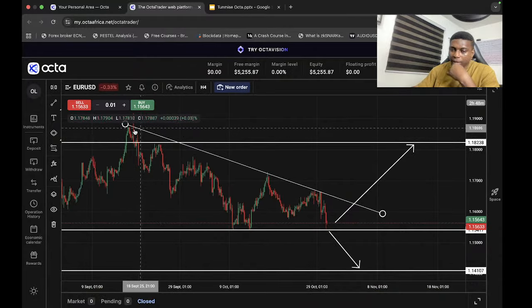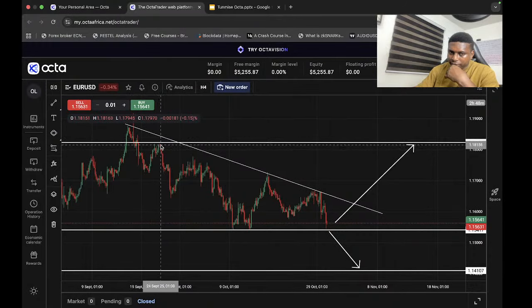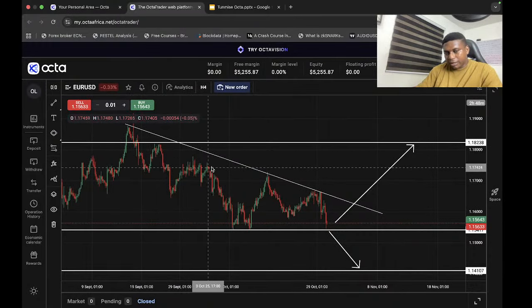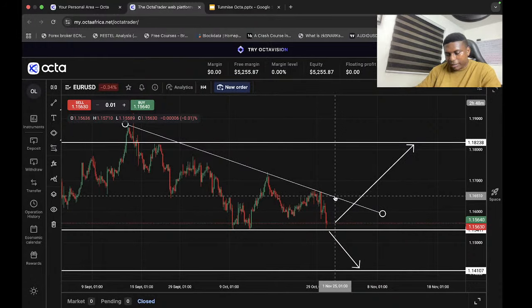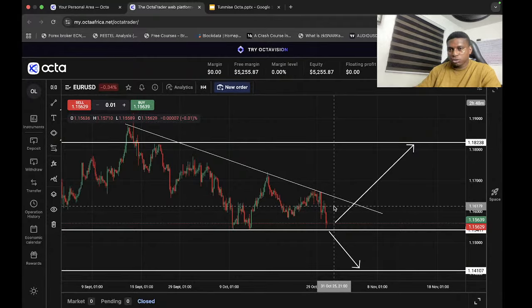Because we can see that price has been moving along this trend line, creating a higher low, and then price continues to drop.